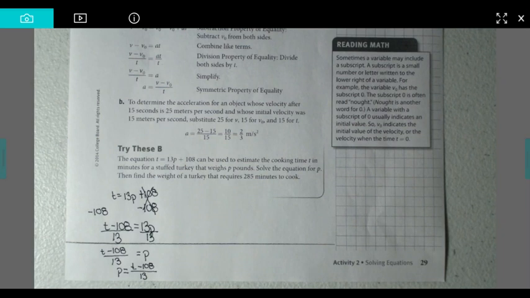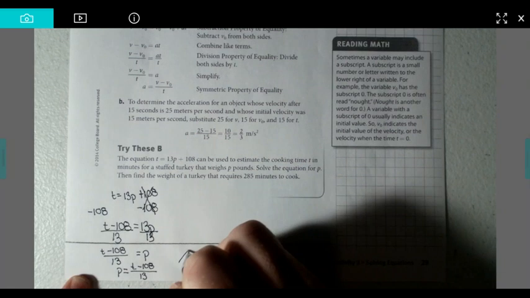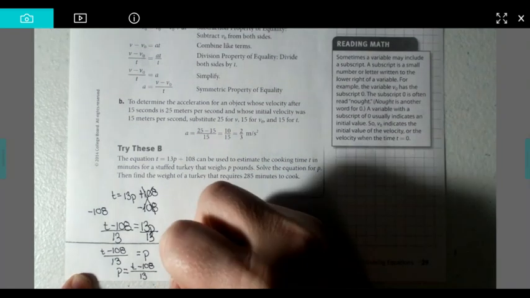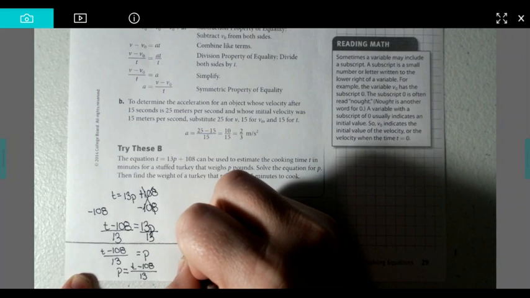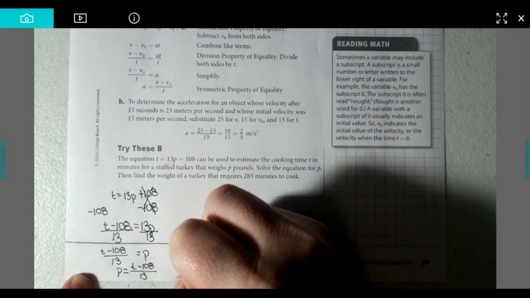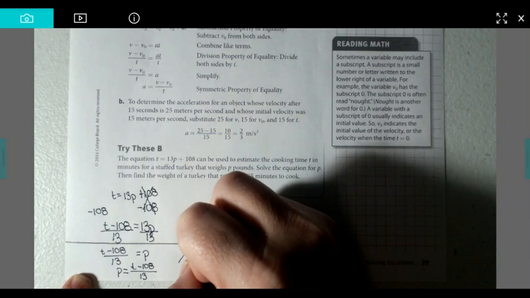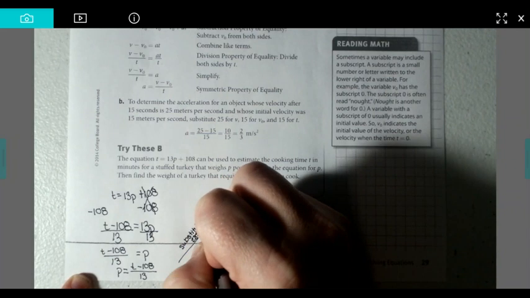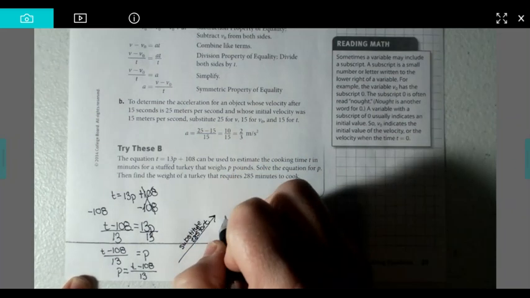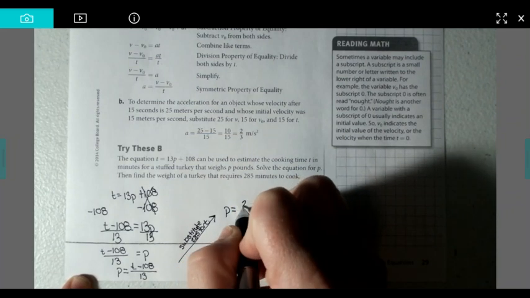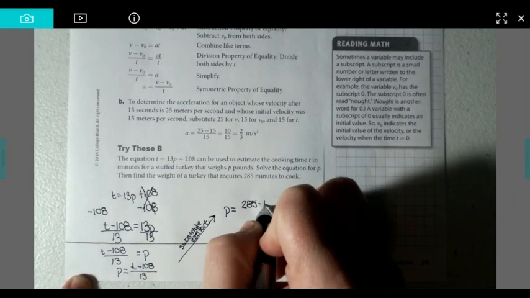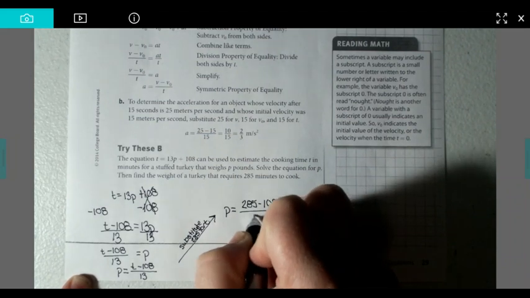Now, it tells me I want to know the number of pounds that the turkey weighs if it takes me 285 minutes to cook. Well, 285 is my time. So I'm going to now substitute in 285 for T. So we're going to have P equals 285 minus 108, all divided by 13.